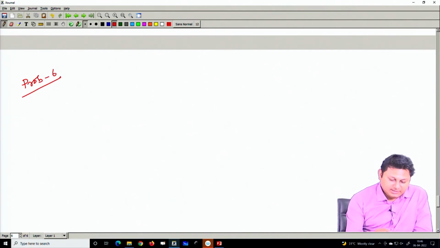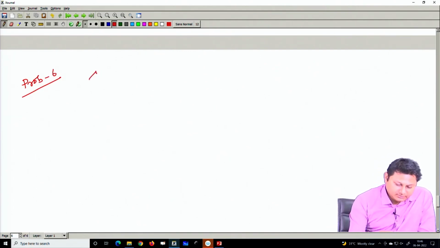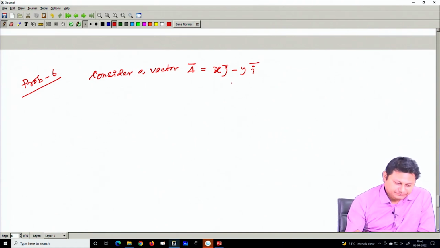And problem 6 is saying, consider a vector function, rather, x j minus y i. So, this is the vector function.